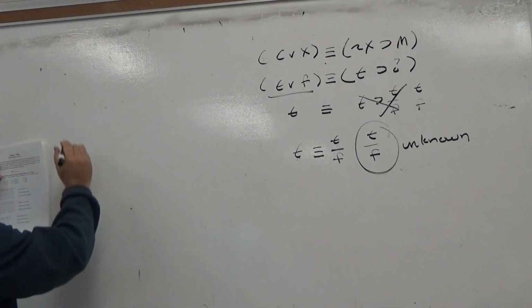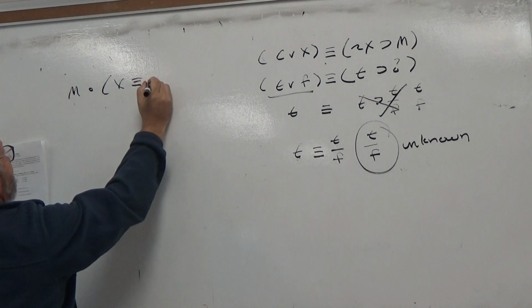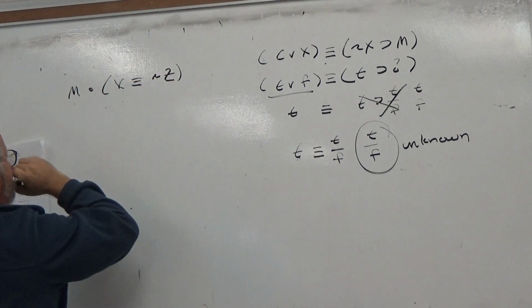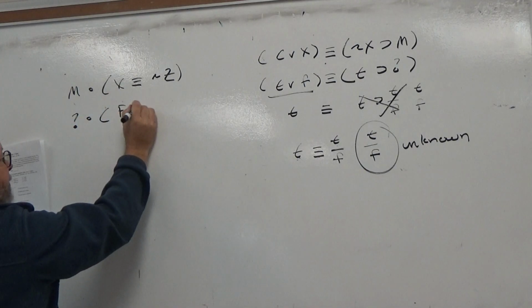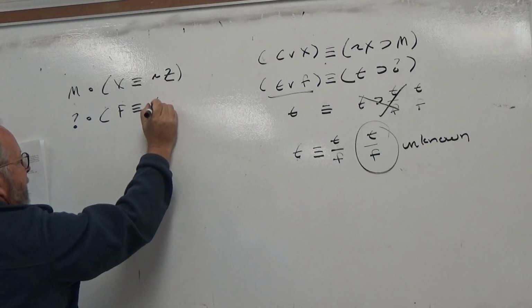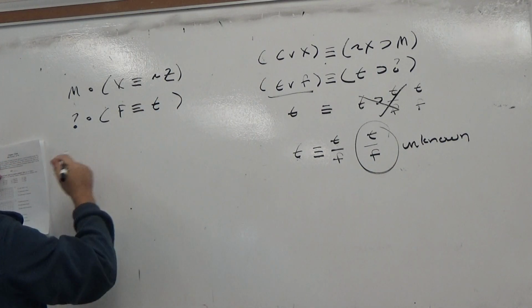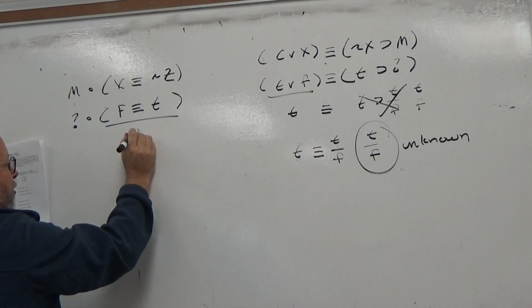Part 1, we have M and X if and only if not Z. So M is an unknown and X is false if and only if, and Z is false, so not Z would be true. So I can do this first. False if and only if true is false.